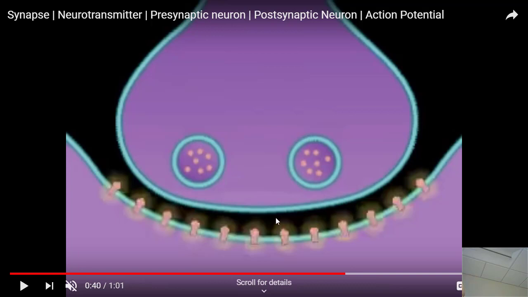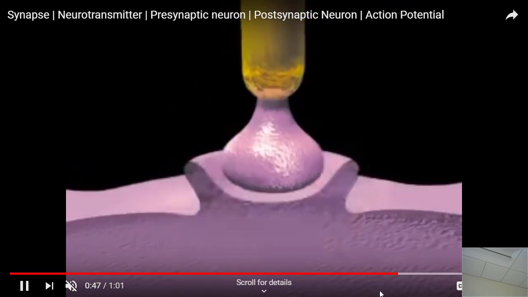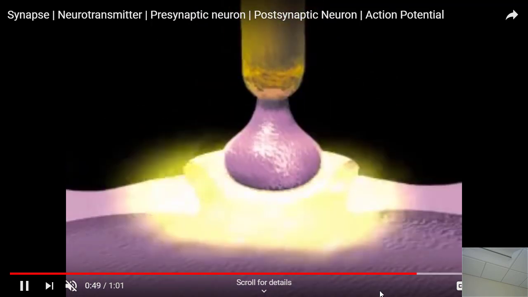Because sodium channels, these ligand-gated channels, acetylcholine binds and then sodium flows in. And that's going to cause a graded potential in the next neuron unless it reaches threshold. If we get enough neurotransmitter release, then we're going to reach threshold, right? And then voltage-gated channels, all those will open up on the axon terminal of this postsynaptic membrane. And then eventually enzymes will come in and break down that acetylcholine.